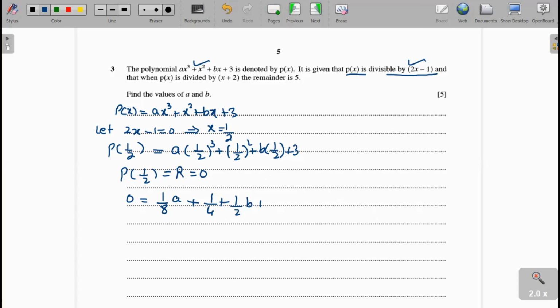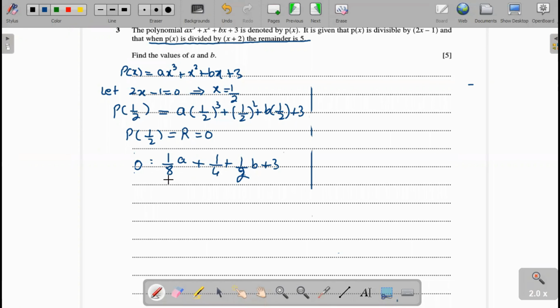Also, we have to write here plus 3. Now we multiply this equation by 8. Therefore, we get 0. 1 over 8 multiplied by 8 becomes a, and 1 over 4 multiplied by 8 is equal to 2. 1 over 2 multiplied by 8, we get 4b. 3 multiplied by 8 is 24.